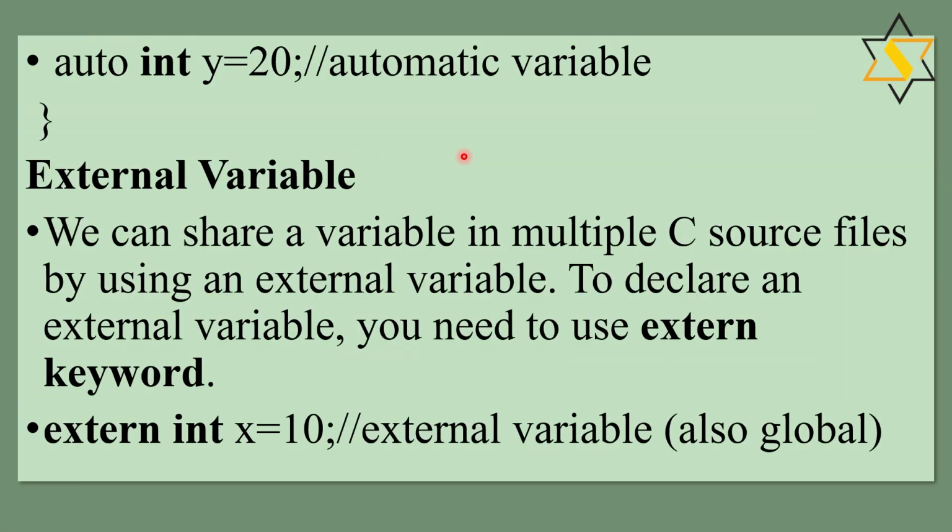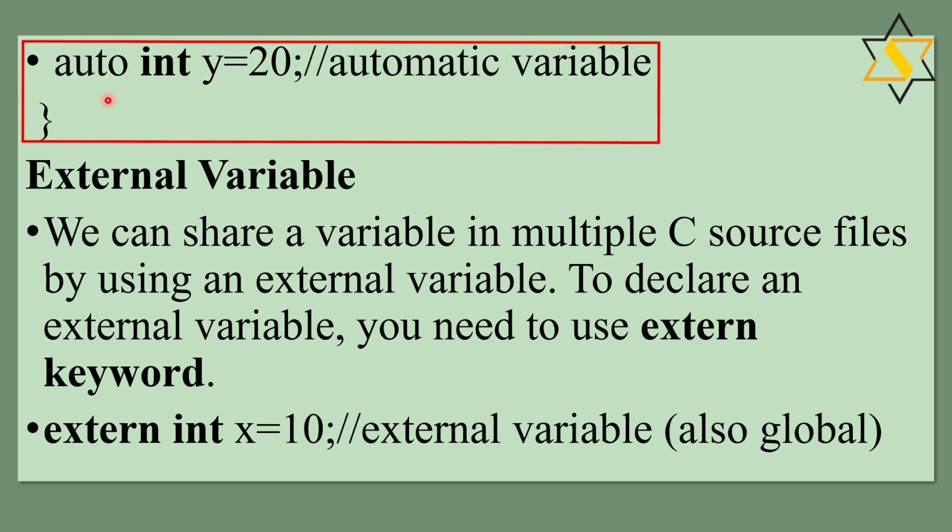So if you want to use that auto keyword, you can, but it should be inside your function, not outside the function. Outside the function means only the global variable. If you are using a variable outside the function, then it is called global. If you want to access that variable's value in a number of functions, outside the function also, then you use the global variable.